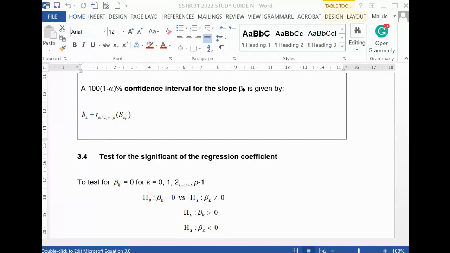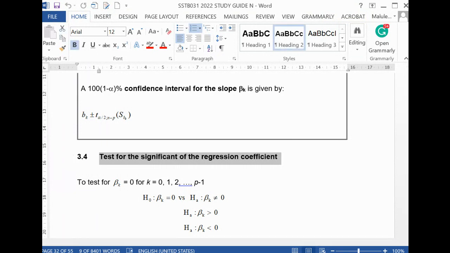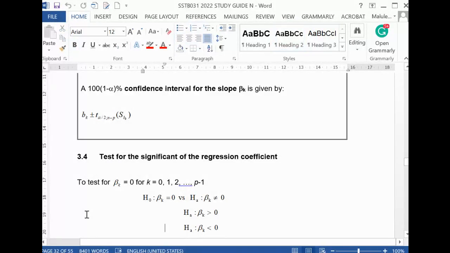Even in the morning, I explained that we can use 3 methods to deal with this section. You can use the confidence interval under 3.4, confidence interval for the betas. You can use partial F test to test for the contribution of each regression coefficient.